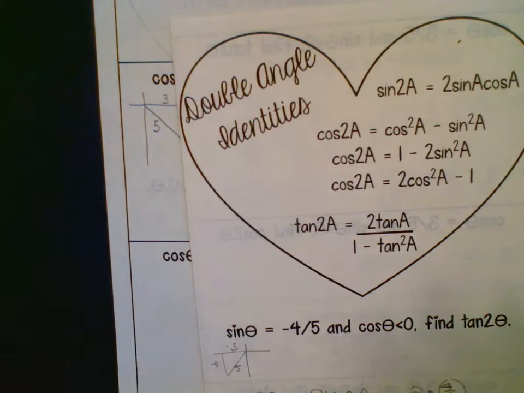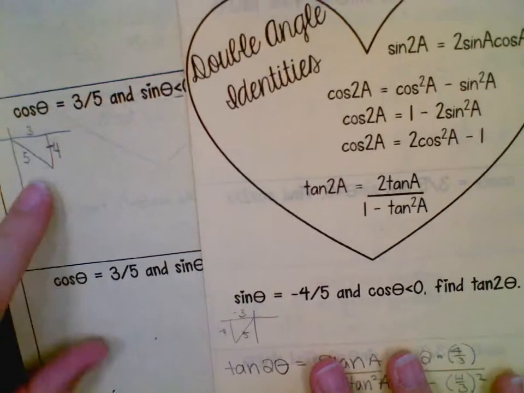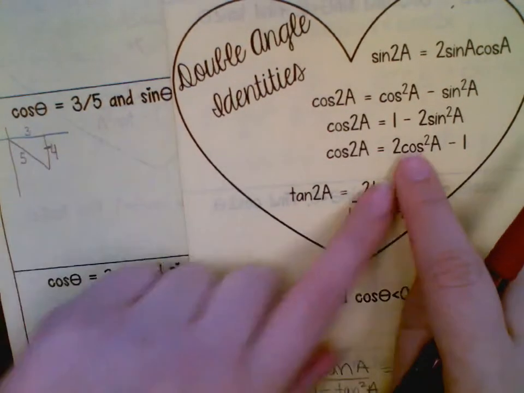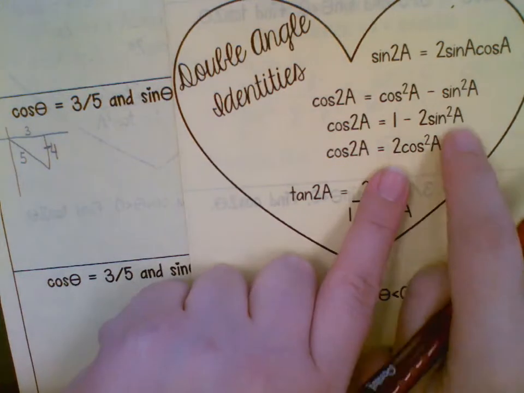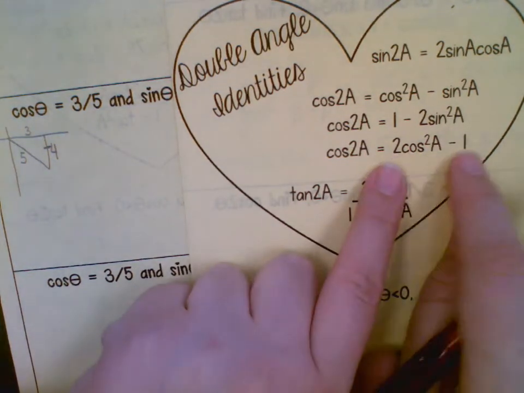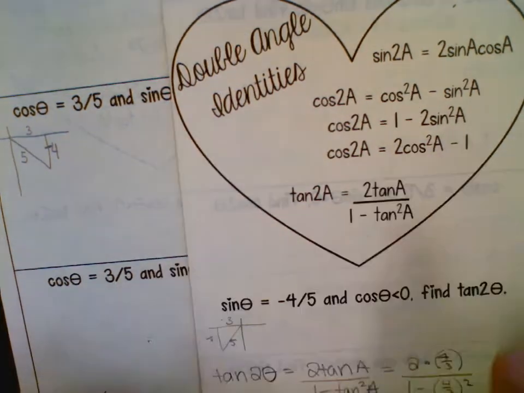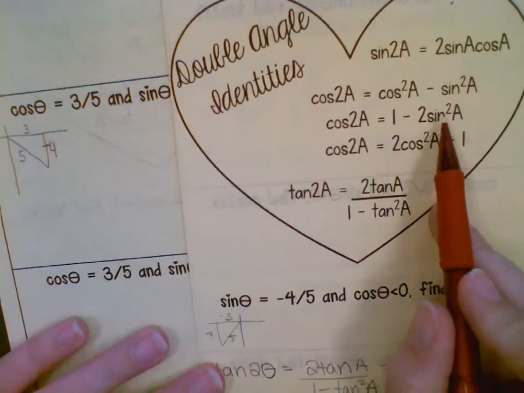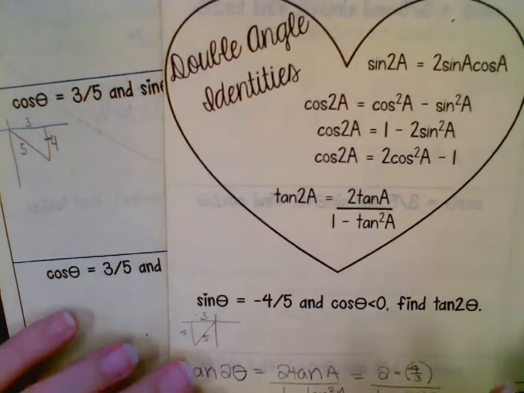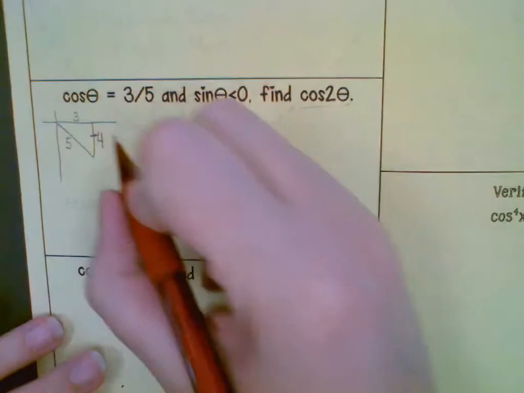If we were given cosine, I could use this formula without even drawing the picture, so it doesn't really matter which one you pick. I'm going to pick this one because cosine is what we were given, so it makes it easy to plug in. But we did draw the picture, so we would be able to figure out sine and use either one of the other formulas. I'm going to use the last one.